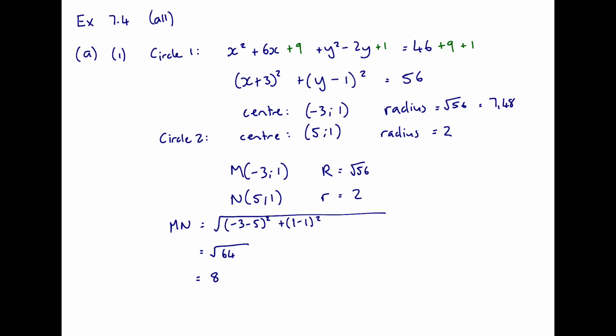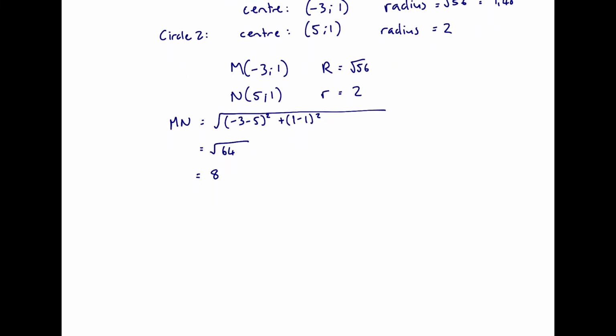We know that the distance MN is 8, so we're now going to work out the sum of the two radii. That's root 56 plus 2, and I'm doing that on my calculator, which gives us 9.48.